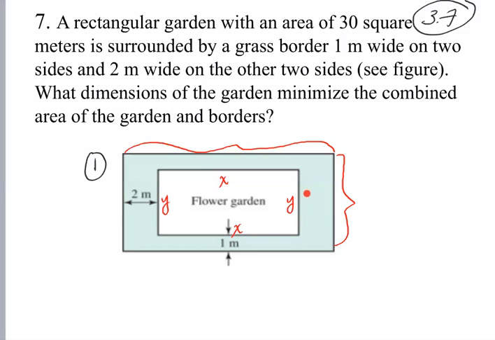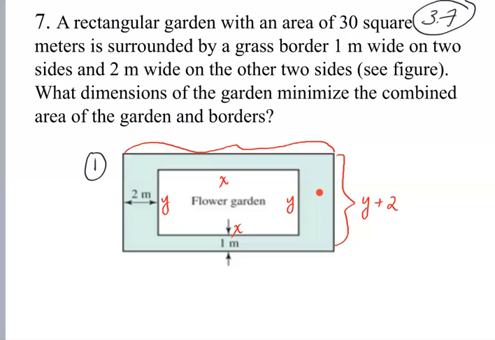This length here is this length Y plus another 1 meter on that side and 1 meter on that side. So that length is Y plus 2. And then similarly, this length, well, I have a length of X here, that's what I called it, plus 2 meters plus 2 meters.